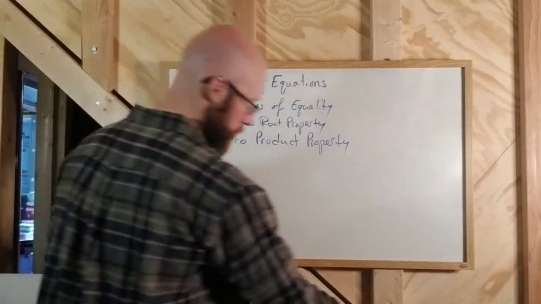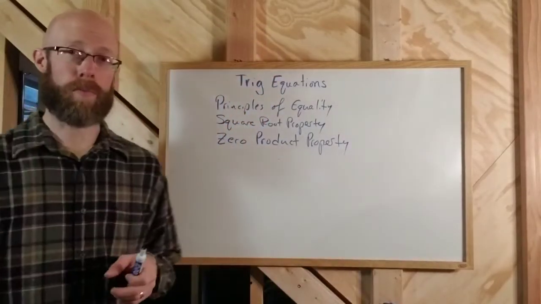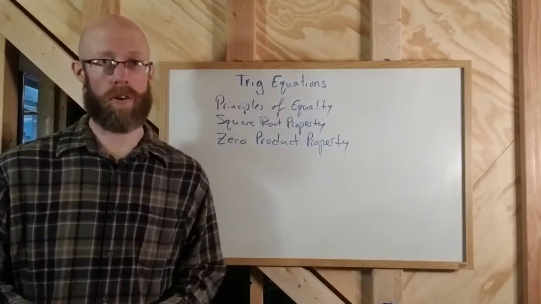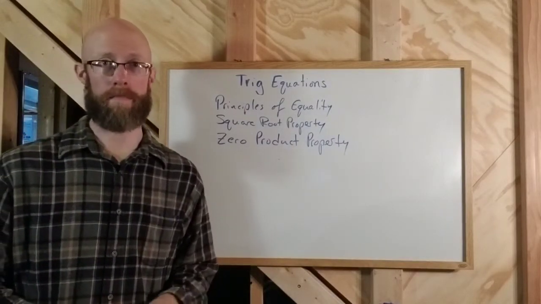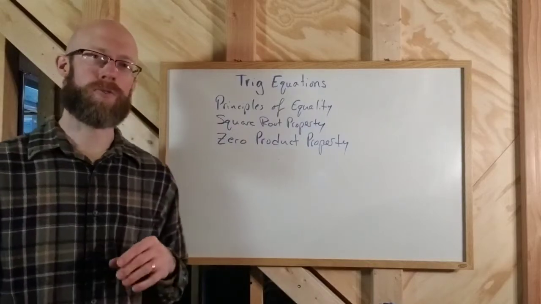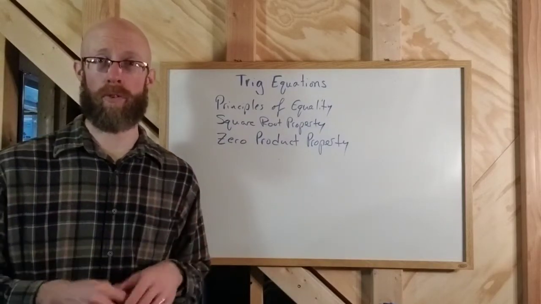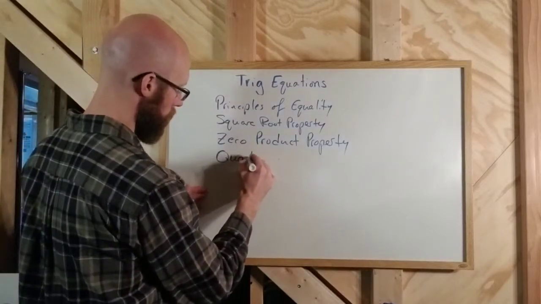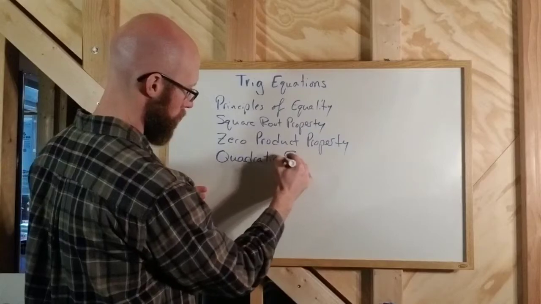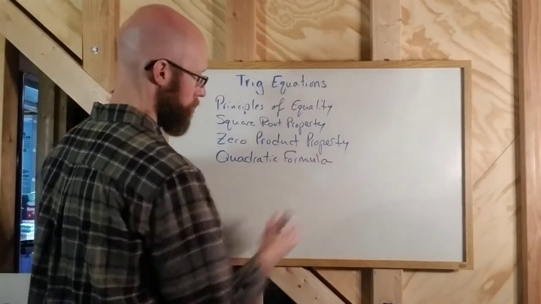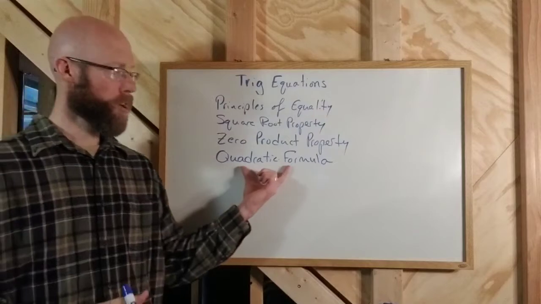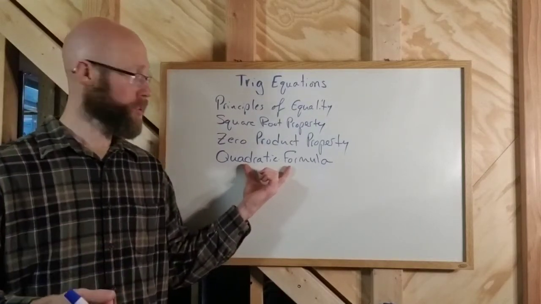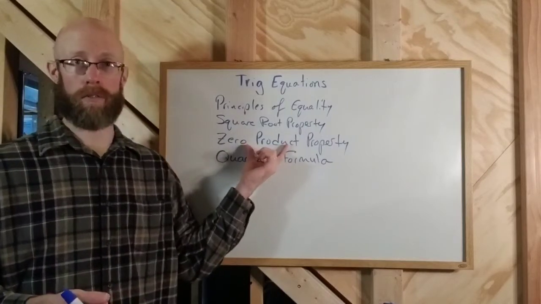And along those lines then, you are going to have to be familiar with factoring. You're going to need to do factoring in order to apply the zero product property. You may also see some instances where the quadratic formula is utilized, because the quadratic formula works to solve quadratic equations when they're not factorable, right?